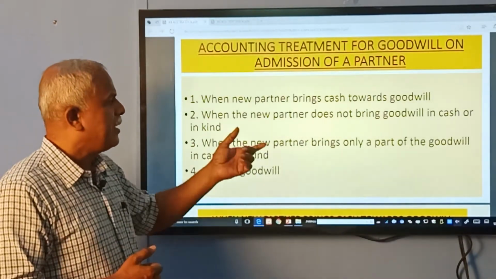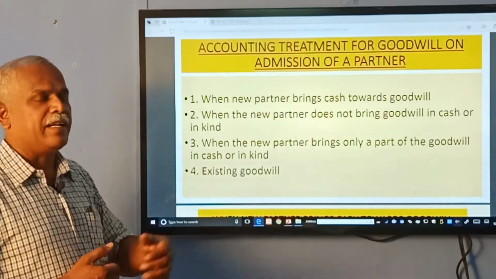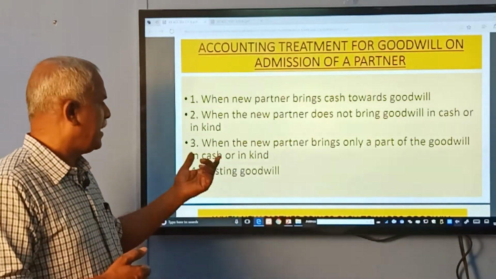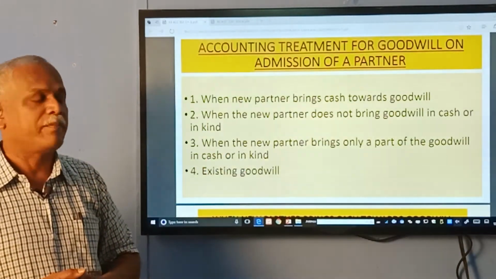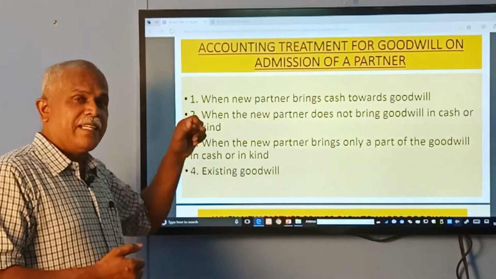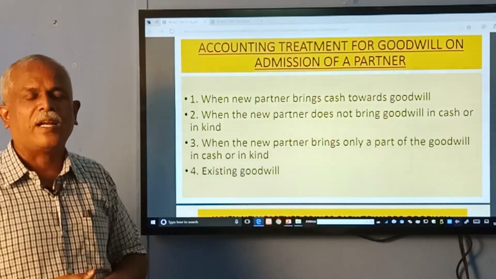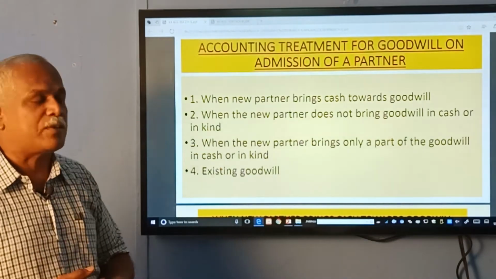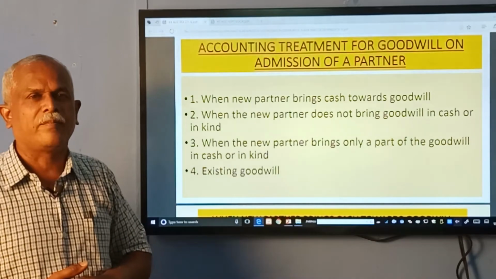When he brings only a part of goodwill in cash, remaining in kind. When there is an existing goodwill, already recorded by the old partners in their accounts, how is it treated? Let us see each condition one by one.